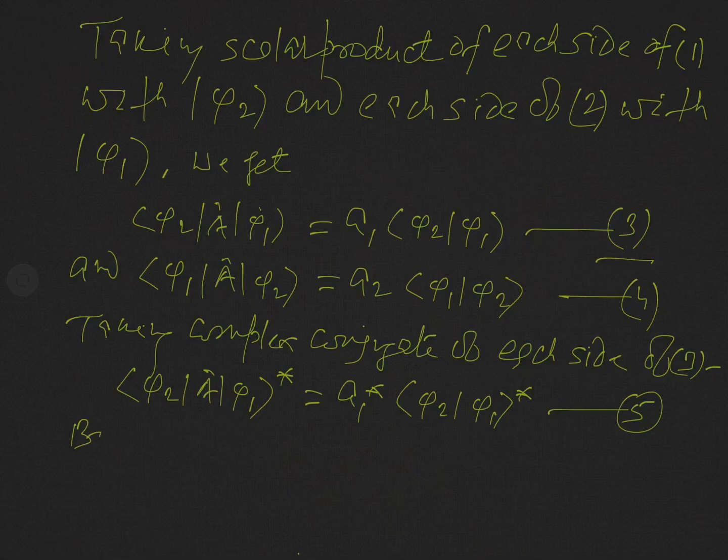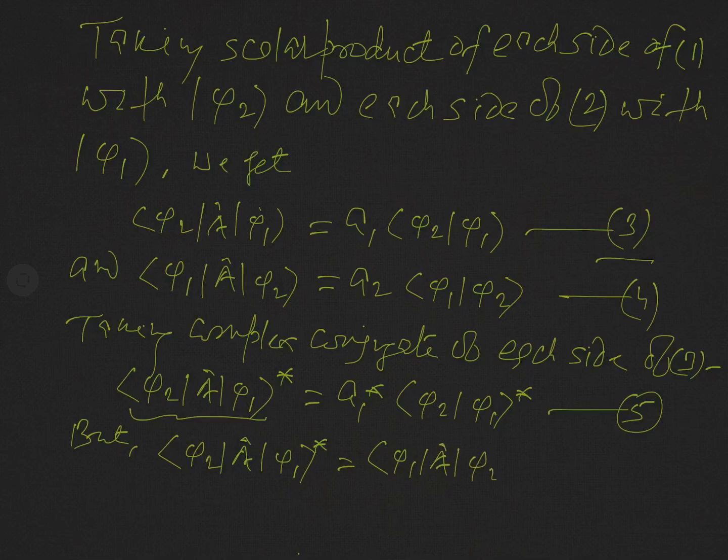But as we have studied just now, if A is a Hermitian operator, then we can write the product phi 2 A hat phi 1 star equal to phi 1 A hat phi 2.